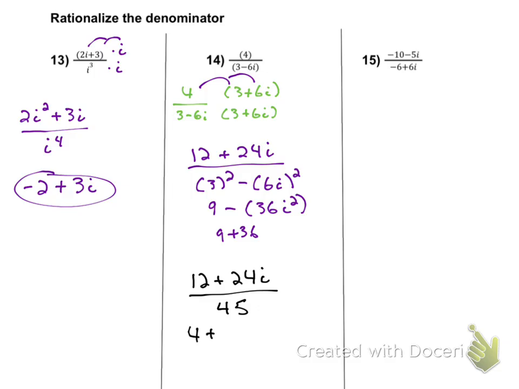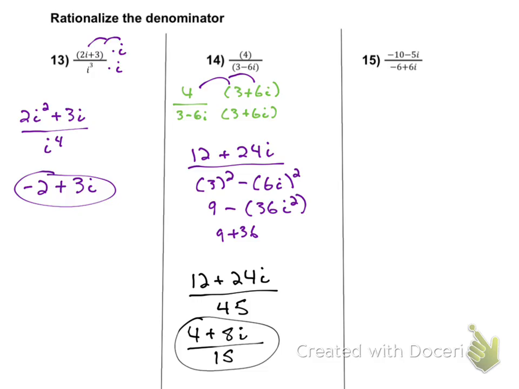Plus 24 divided by 3 is 8. 45 divided by 3 is 15. So that simplifies all the way down.